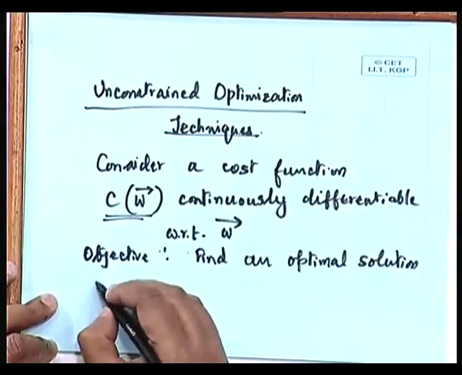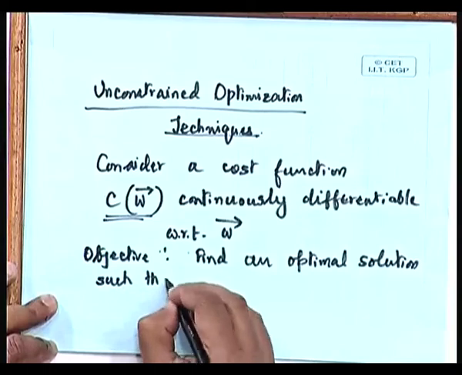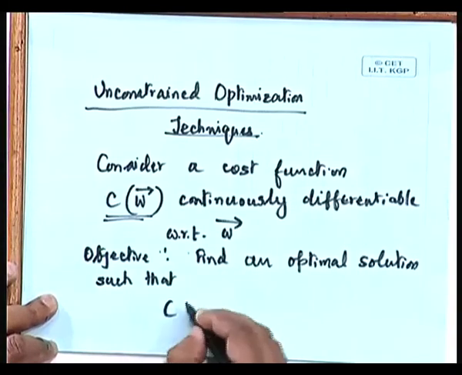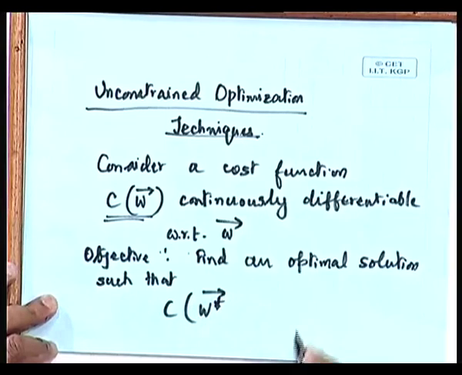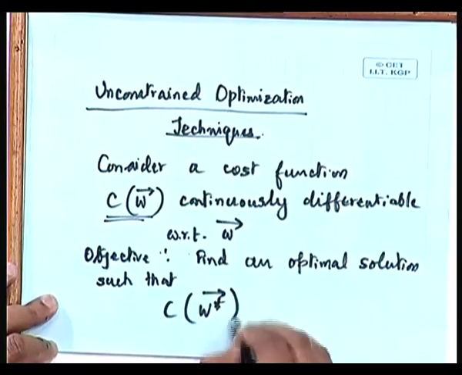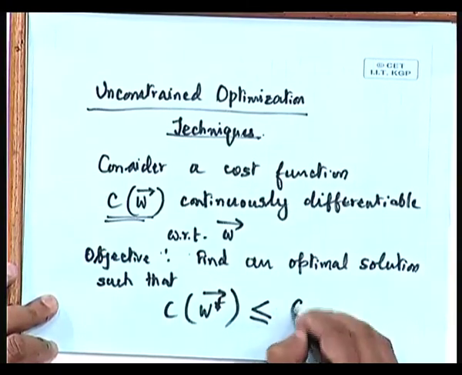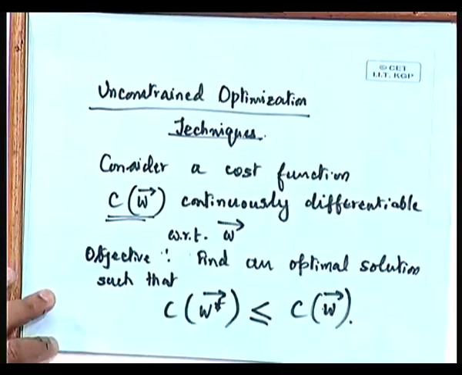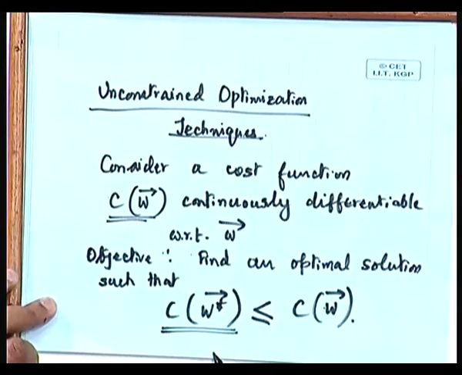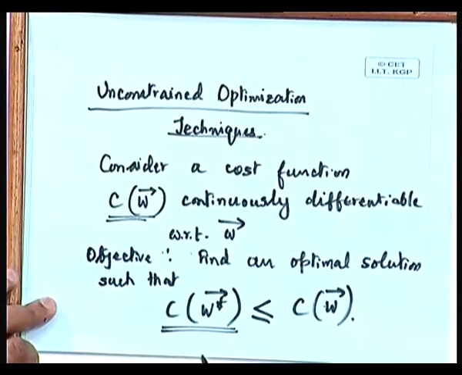So, we find an optimal solution such that, let us say that we arrive at some weight W star, such that C of W star is less than or equal to C of W. Okay. If we can have that, then we can say that C of W star is the optimal cost, or rather W star, the argument of C of W star, is going to be the optimal weight which we are going to achieve, right.